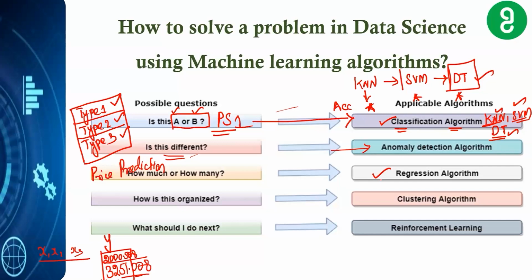Hope you understood, right? How much or how many comes under your regression kind of problem. So linear regression, polynomial regression, multiple linear regression, all come under regression algorithms.